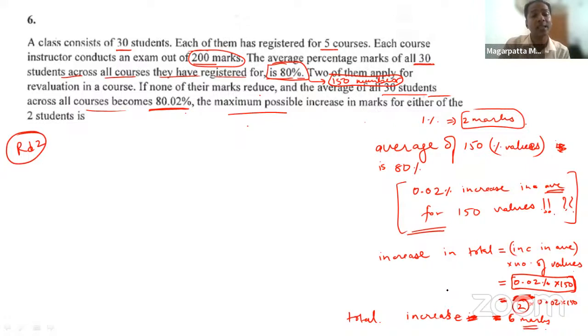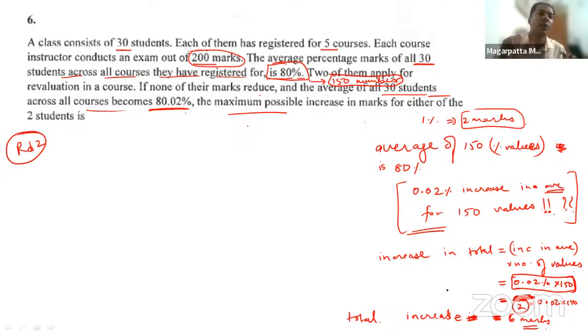So the total has increased by 6 marks for all the students, and this has happened because of 2 students, in one course each. So across 2 courses out of the 150, or 2 values out of 150, the maximum increase is how much? They've given you that none of the marks reduced.